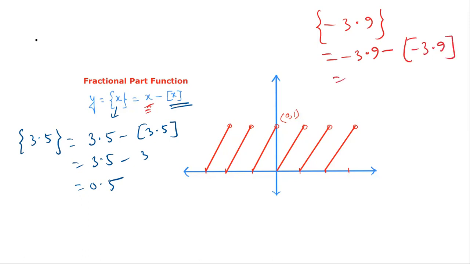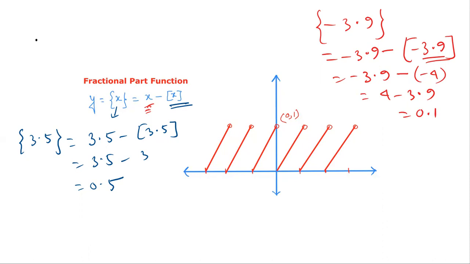The greatest integer of minus 3.9 is nothing but minus 4. So minus of minus 4 becomes plus 4, and 4 minus 3.9 is 0.1. So whatever value you take, the fractional part will always be less than 1 and greater than 0.